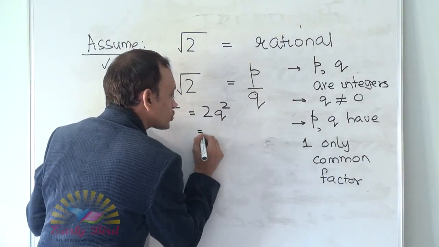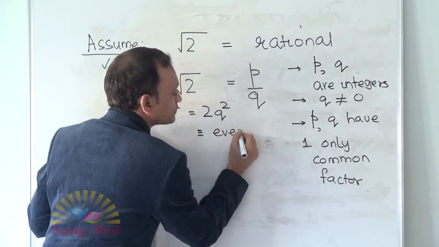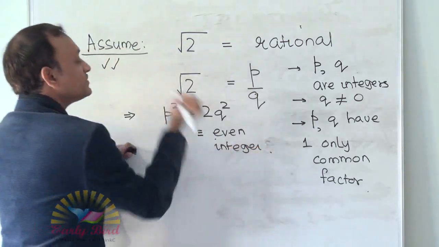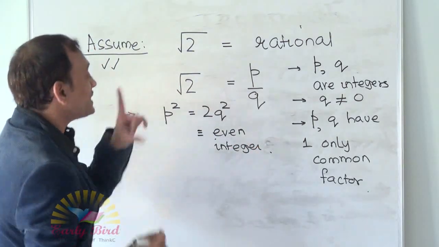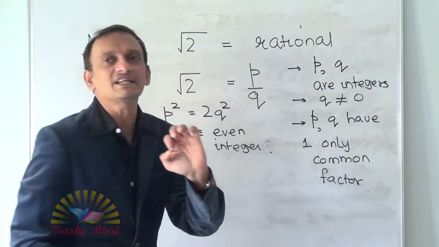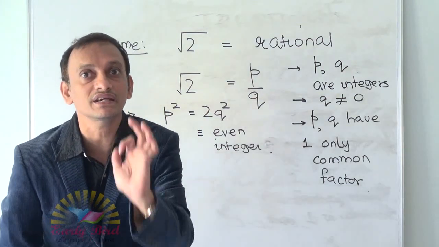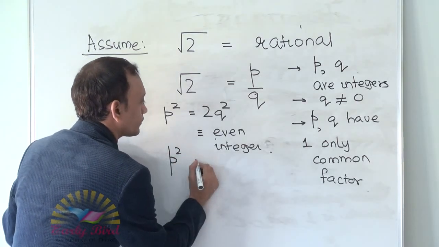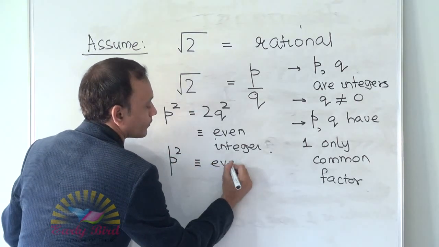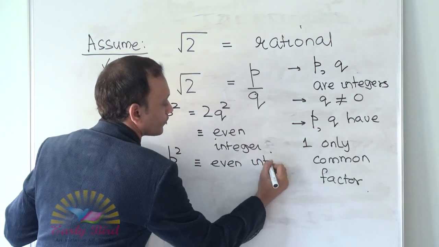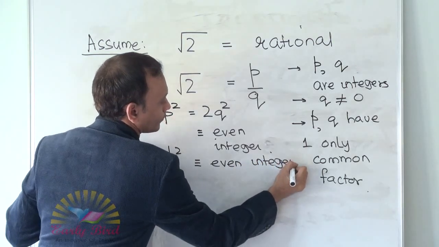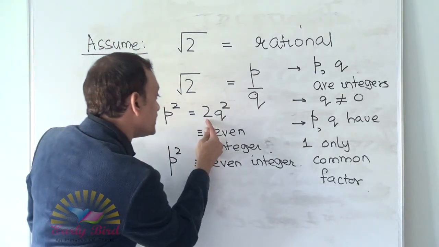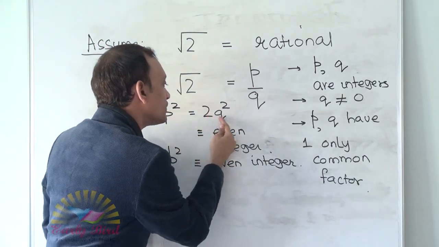So this 2q squared is an even integer, which means p squared is an even integer, as you can readily see, because it's 2 times an integer.